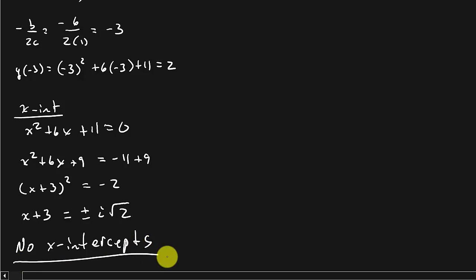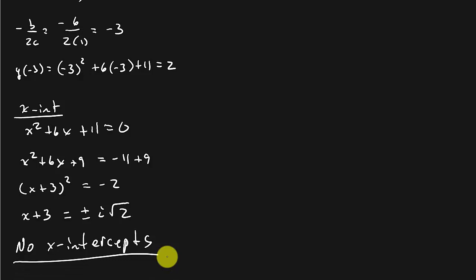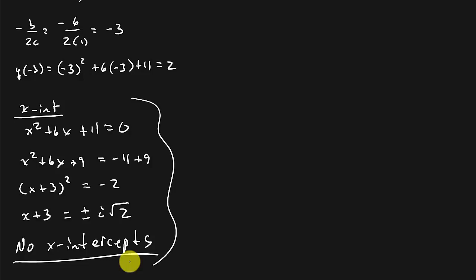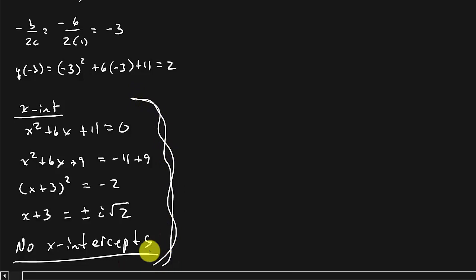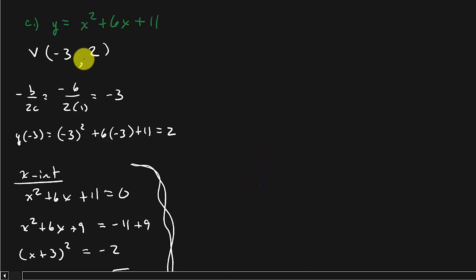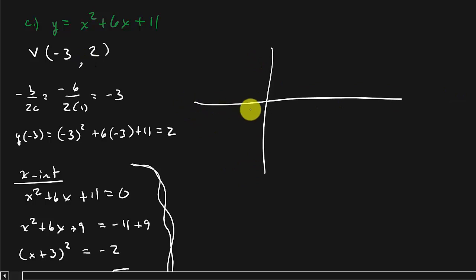Now, think about this. I went through all of this trouble, and we all know that we don't like to do more work than we have to, right? If we would have thought about this a little bit more, we would not even have had to do this, would we? Look at this. Here's my vertex. Let's just roughly plot this. Negative 3, 2.